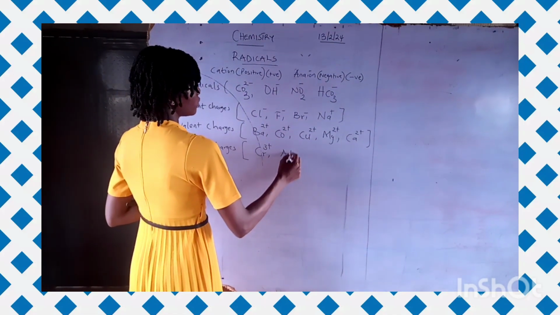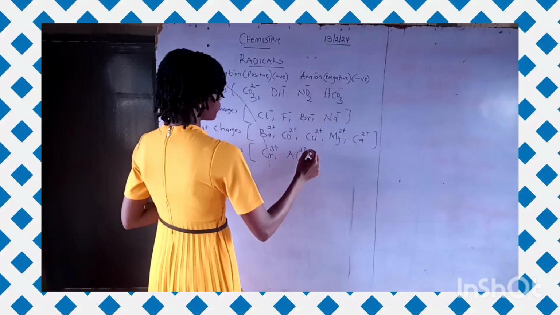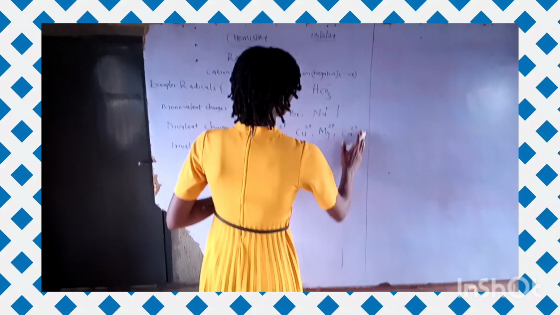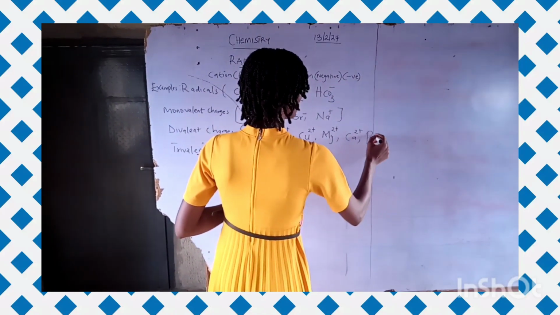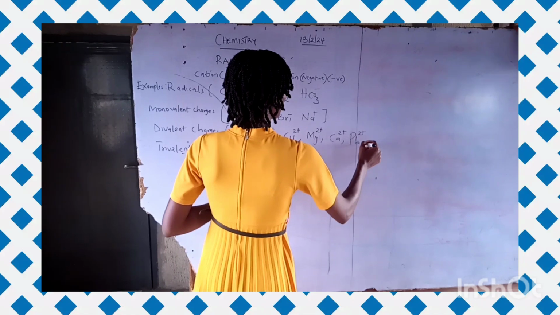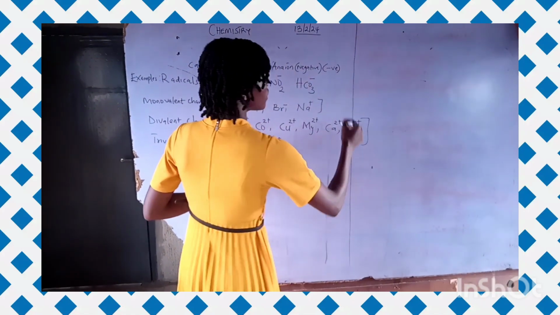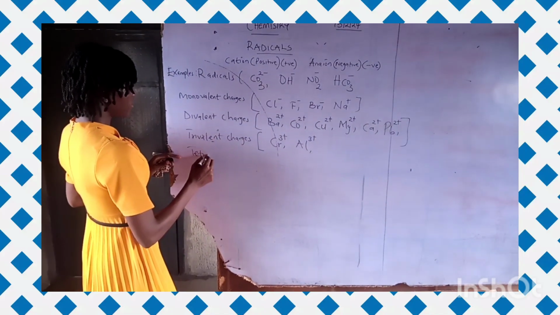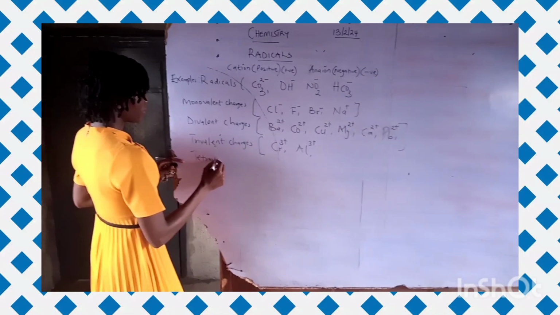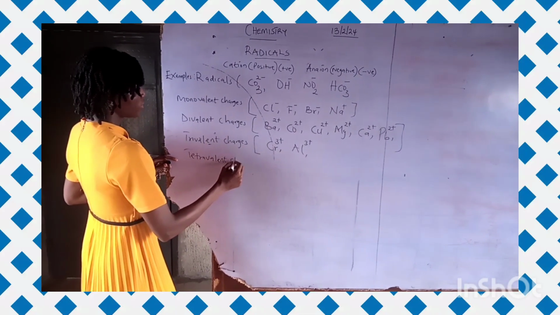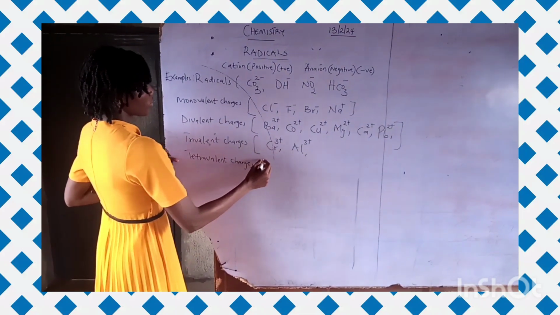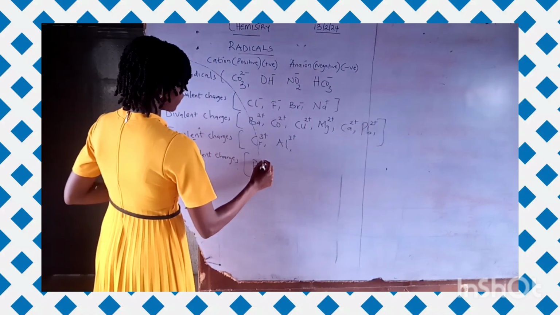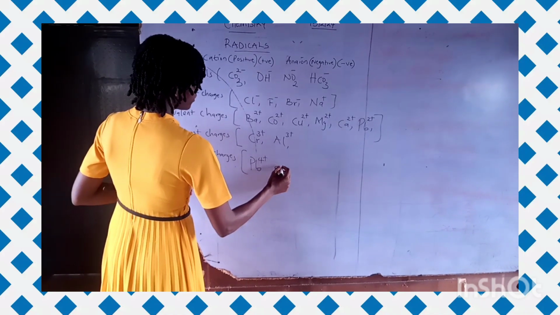We also have lead 2, zinc, and tin. Then those that are tetravalent, that's 4 charges, we have lead 4.